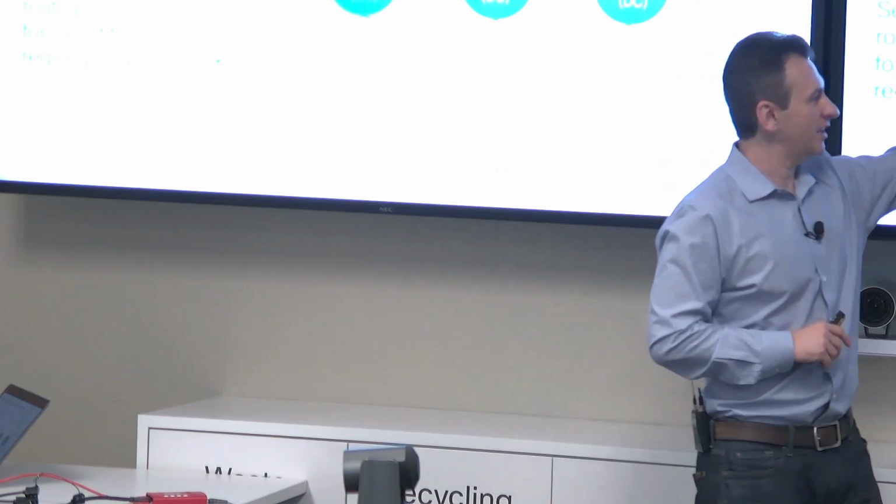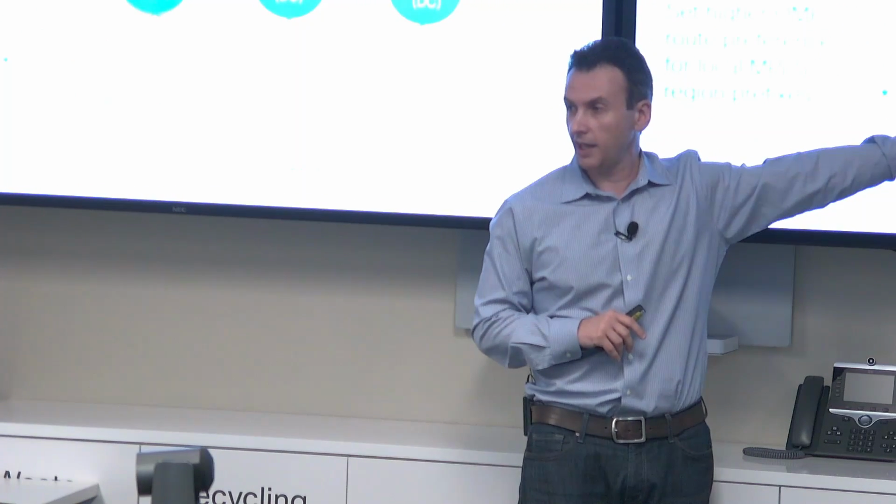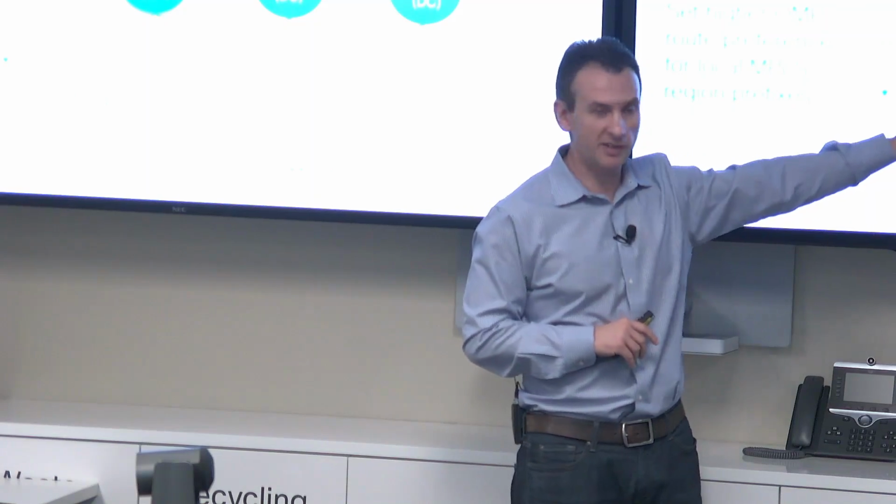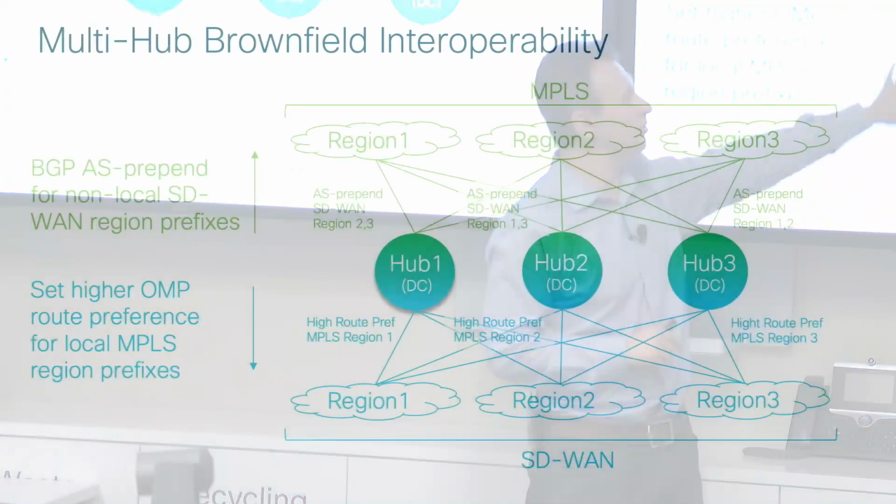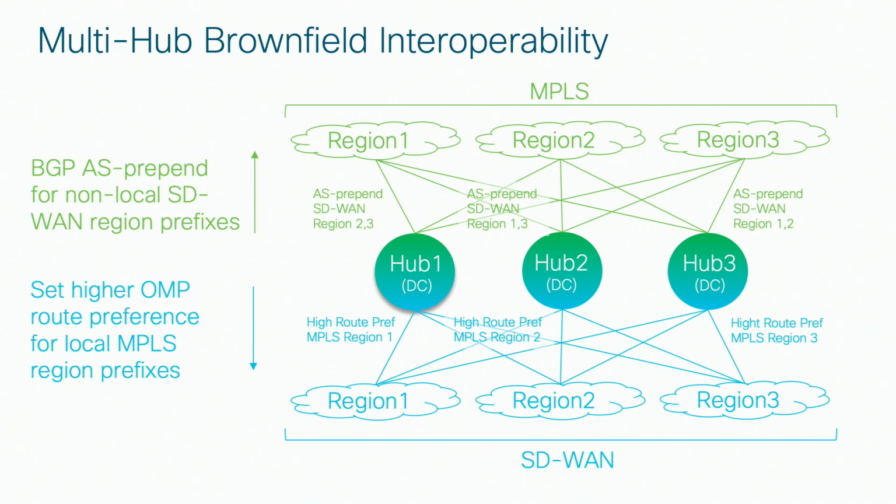So when you are in the SD-WAN world, you operate by the SD-WAN rules, which is exactly the OMP preference. And really, this one says to draw the traffic, I'm trying to keep this within the region. I have this hub, which could be the European hub, and I'm trying to stay within Europe, right? I'm trying to say SD-WAN region in Europe and an MPLS region in Europe. I want them to stay within Europe, right? And that's exactly what it's doing, it's setting the higher preference for the subnets in the MPLS region down.